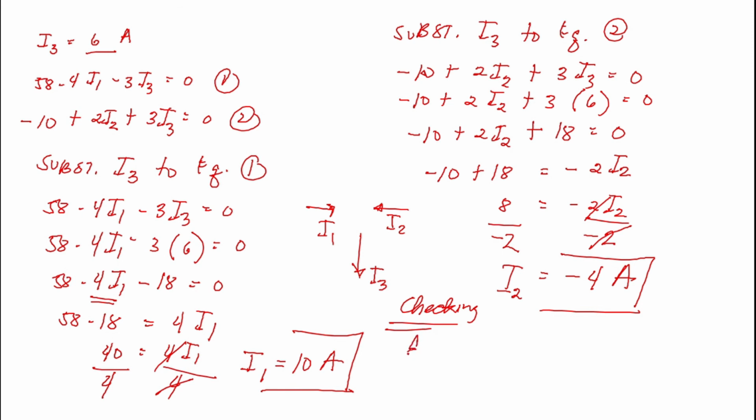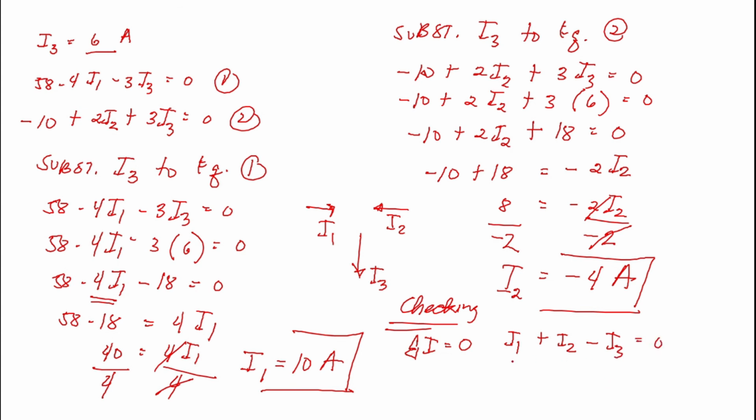So, the summation of the current along the circuit is equals to 0 or the leaving and then the entering the junction. So, pwede yun for the checking. Now, gamitin ngayon natin yung equation number 3 na entering is I1, entering si I2 for the assumption, and then leaving si I3 is equals to 0.